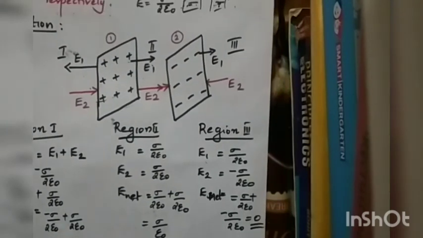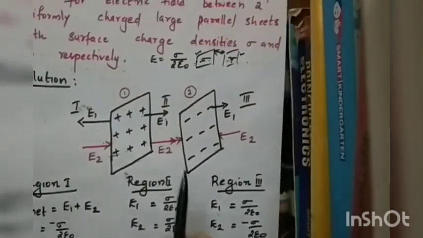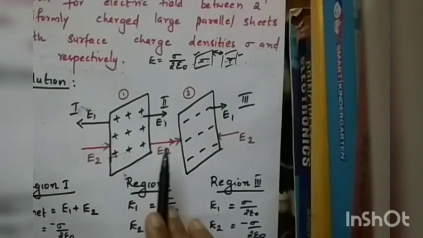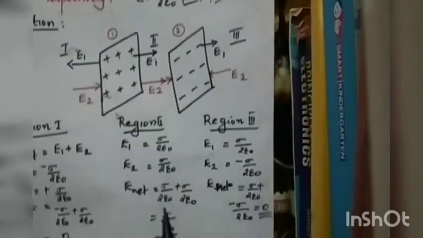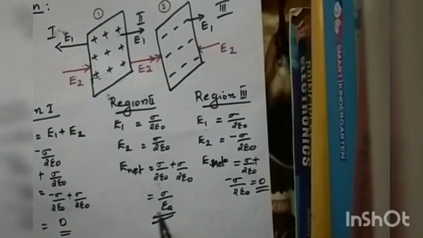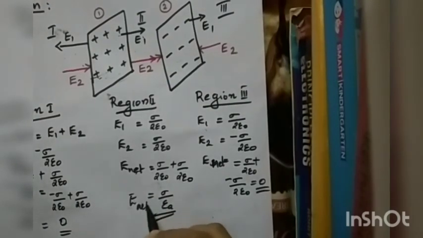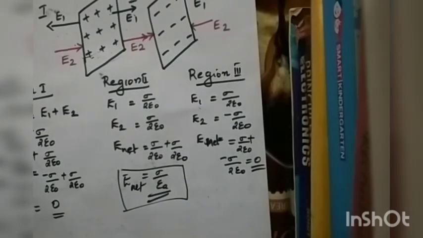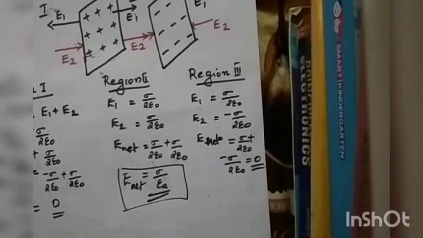So there is an electric field only in the region between the two sheets, and that electric field is sigma by epsilon naught. The net electric field due to two oppositely charged parallel plane sheets is sigma by epsilon naught.